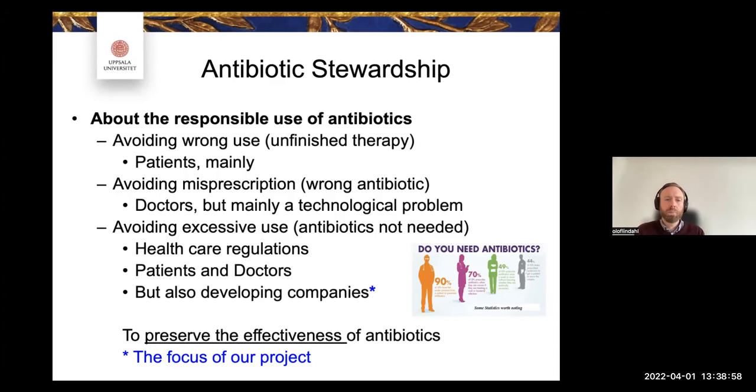But it's also about avoiding excessive use, and that use can of course happen with healthcare regulators, patients, and doctors, but it can also be influenced by firms developing the drug, and that is the focus of our project, to, as we said, align industry incentives with AMR control goals.